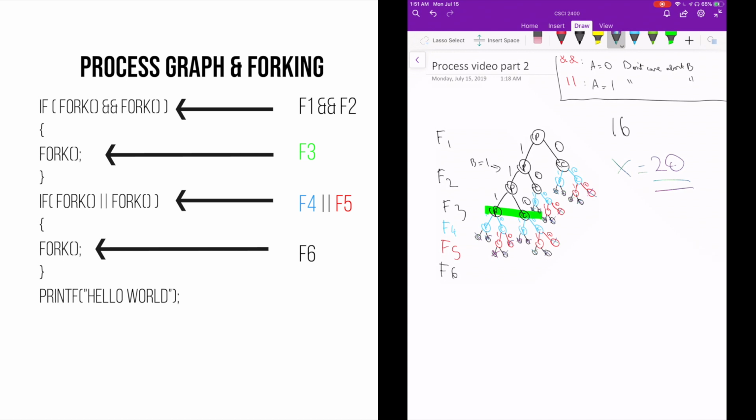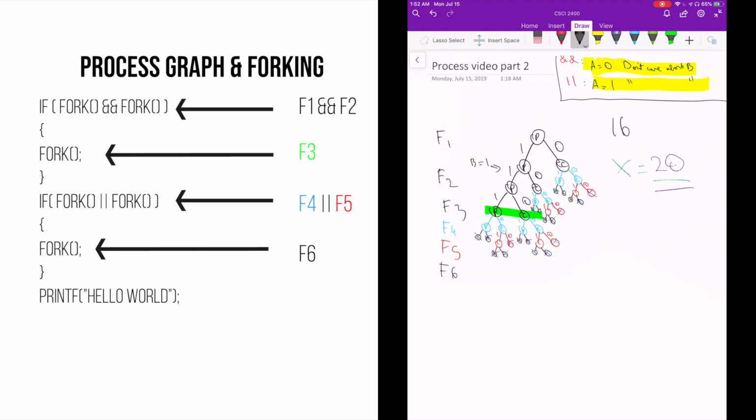Okay, I'm going to have a really quick recap. If you have understood this video, you don't need to listen to the rest of the video, but just for those who want a really fast, quick recap. So we used this here to figure out what to do and what not to do. Basically for the AND, we only forked where we cared, and we did not fork where we didn't care.